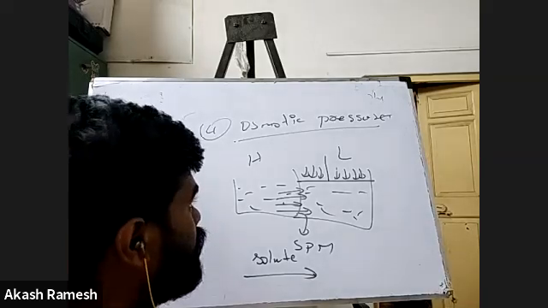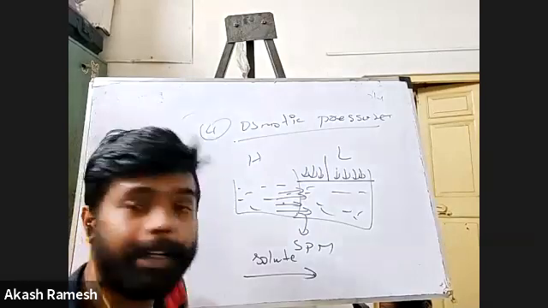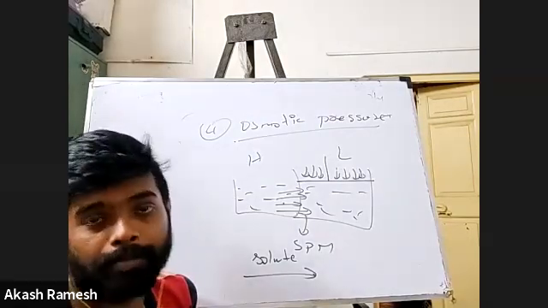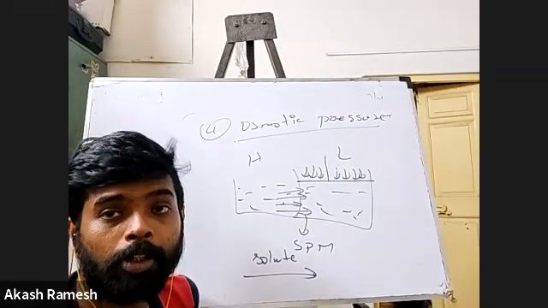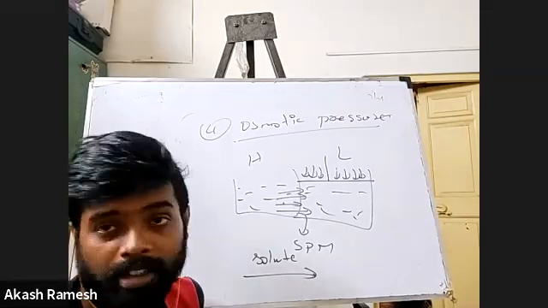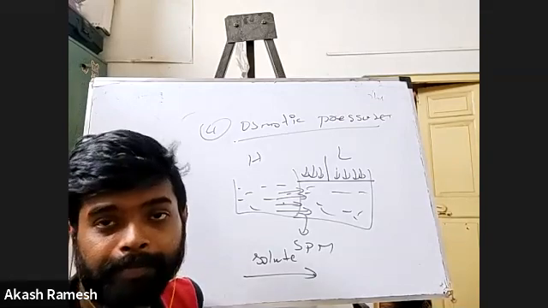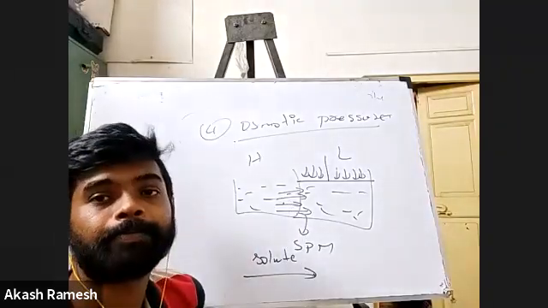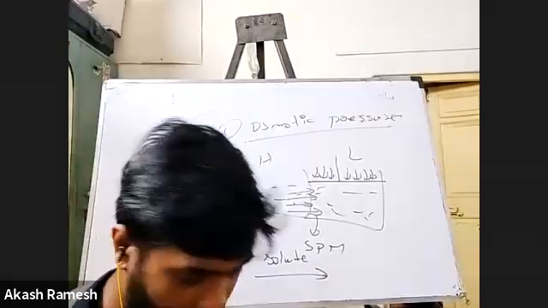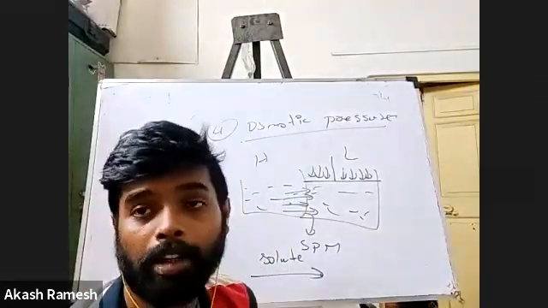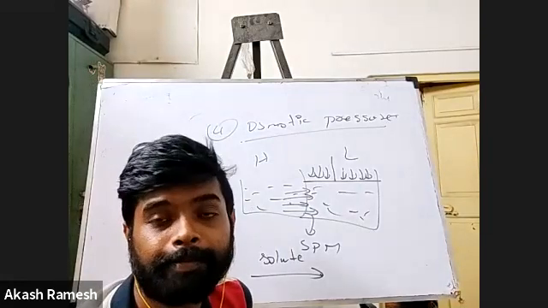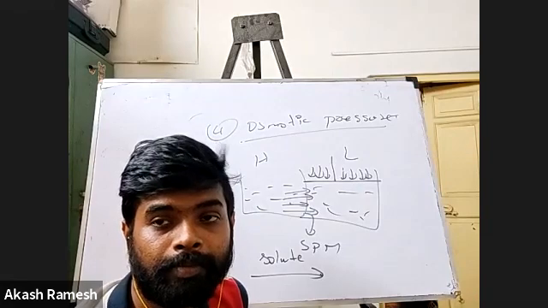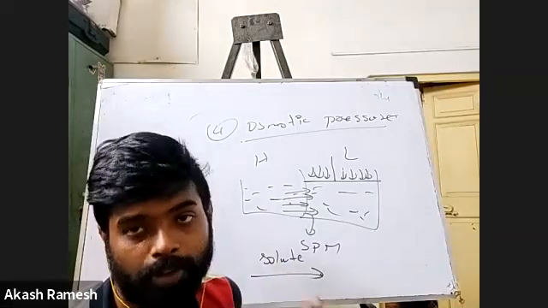Osmotic pressure definition: it is the amount of pressure to be applied in the lower concentration side to just stop osmosis.